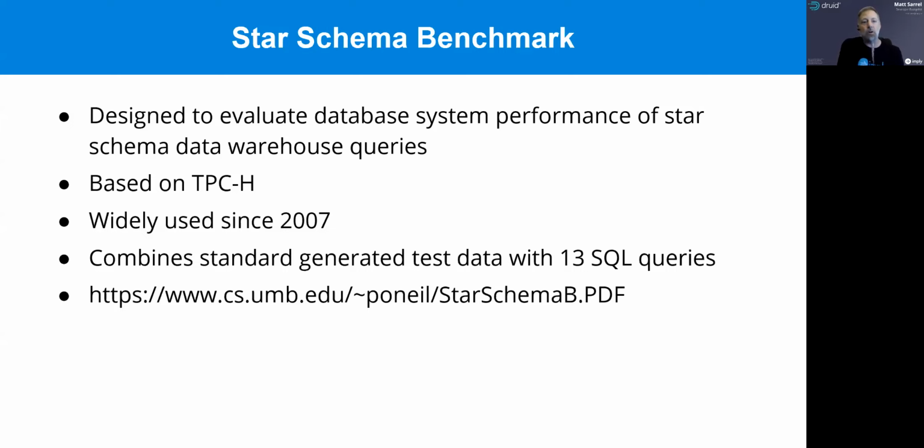I gave a talk earlier, maybe in June or July, where I laid out every step of testing using the Star Schema Benchmark and JMeter. I also have a GitHub repository with detailed specs, detailed steps, as well as all the JMeter scripts. That's under Imply Data on GitHub.